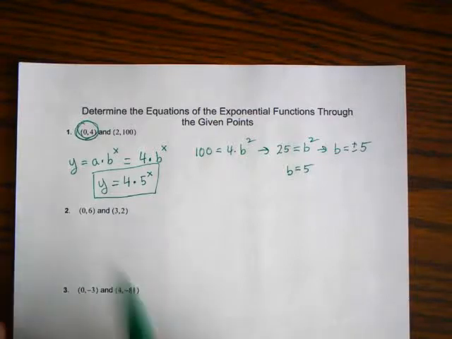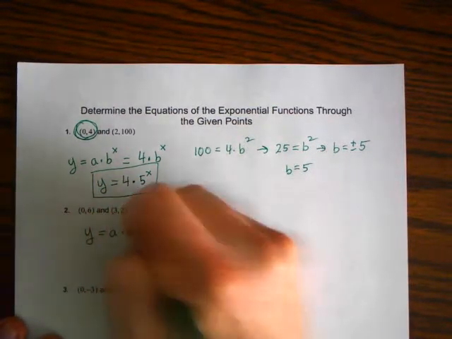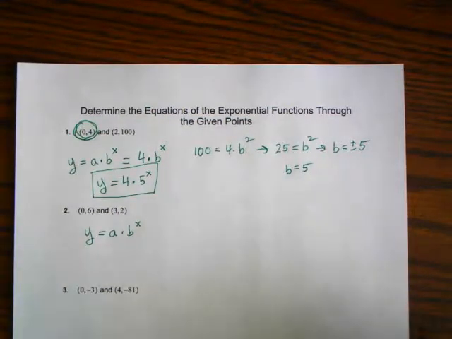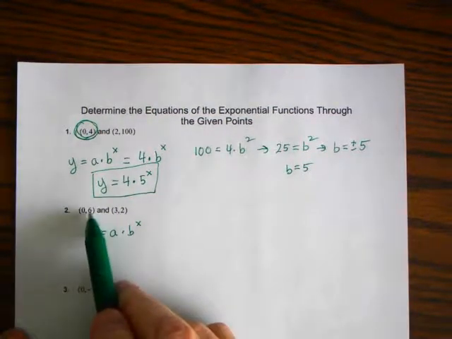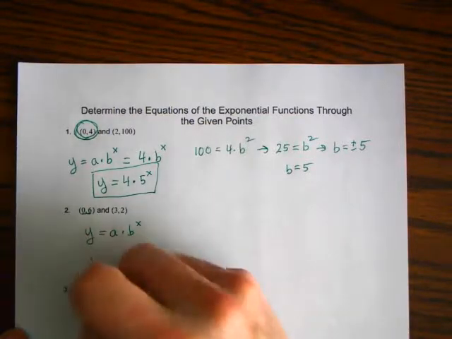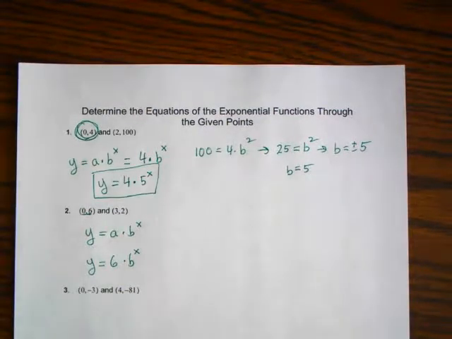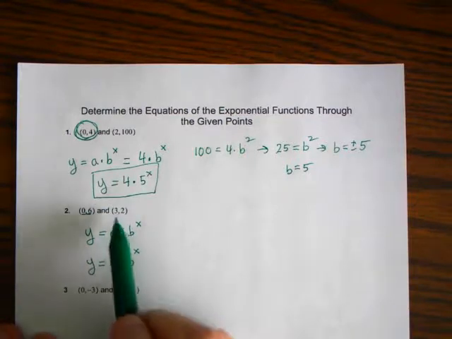Okay, next one. Again, we have y equals a times b to the x. And again, this is quite nice because right away, without doing any work, we know that a has to be 6. Once again, they're giving us the y-intercept, which means they give us the a value. After that, it works exactly like it did a minute ago. We plug in these numbers, and we see what happens.